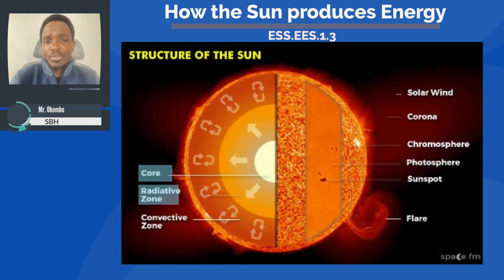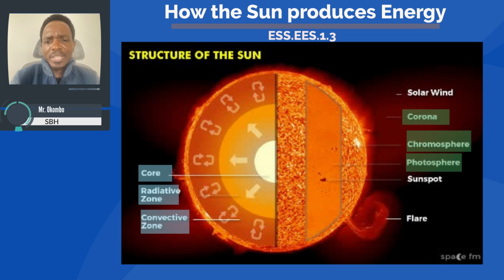Next, the convection zone, which circulates hot gases, transferring heat to the surface. The photosphere emits visible light, making it the layer that we can see. The chromosphere produces ultraviolet radiation, while the corona extends outwards, releasing charged particles in the form of solar winds.